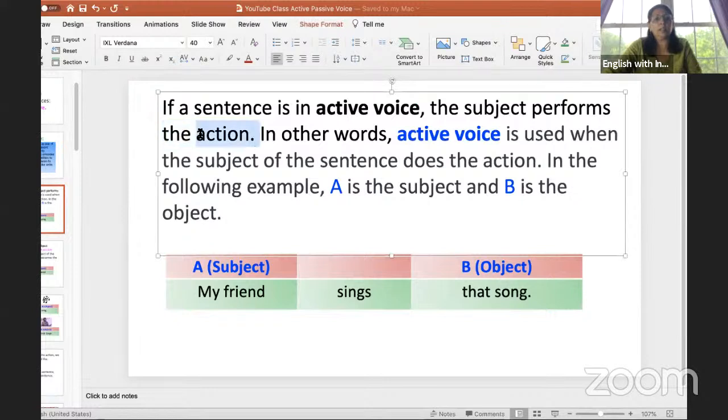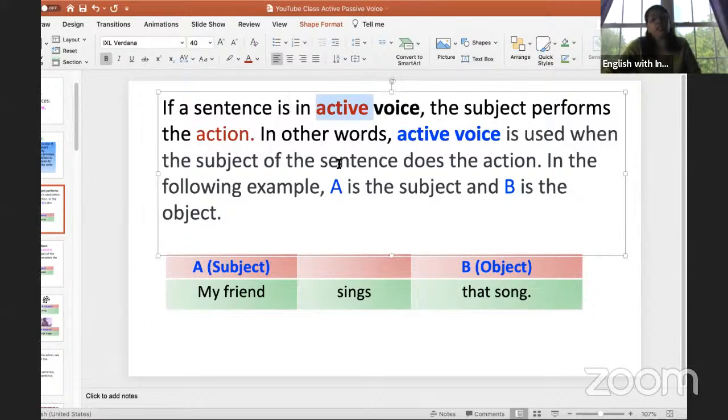So you see here, it clearly tells us that active means action. So just keep in mind this. In other words, active voice is used when the subject of the sentence does the action.